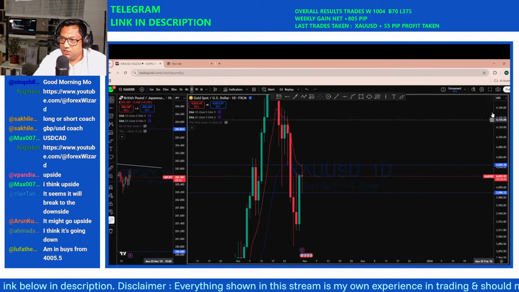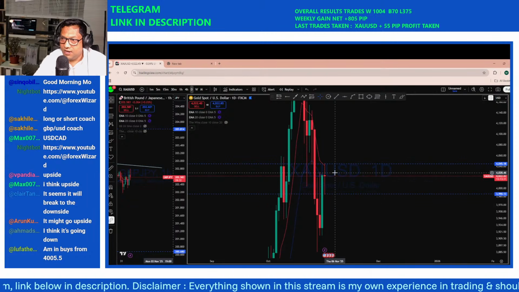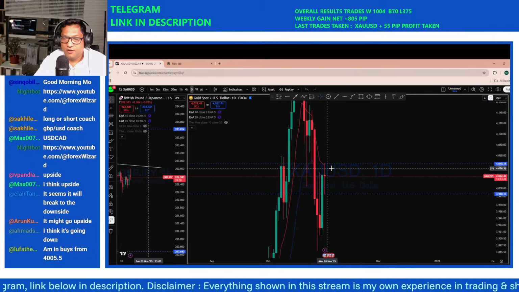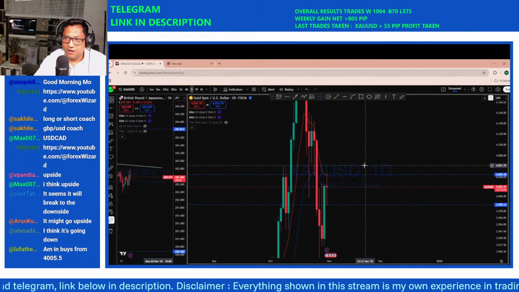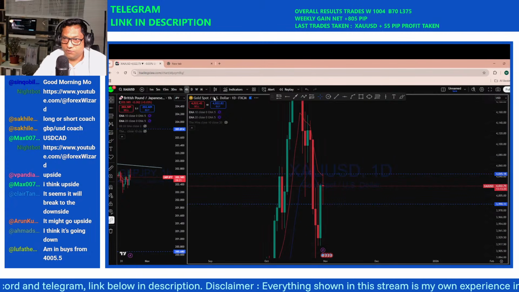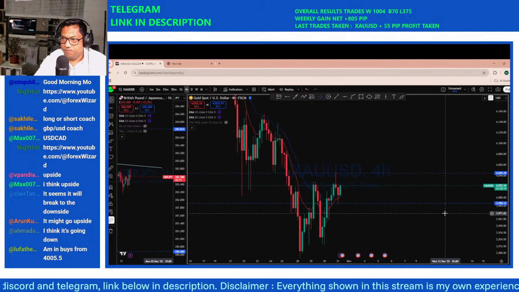Now, this is where the price is now at this level. From here, the market could suddenly break any of this low or high from the daily perspective that you can see in this market.